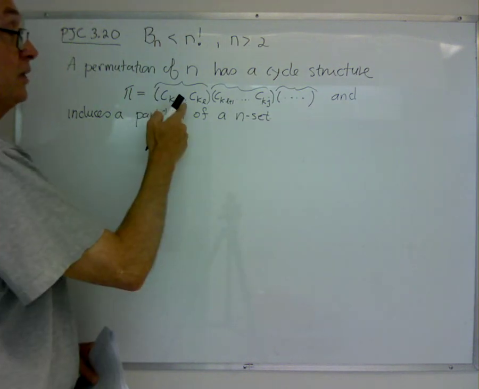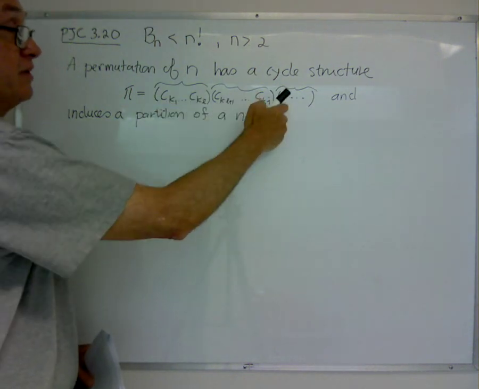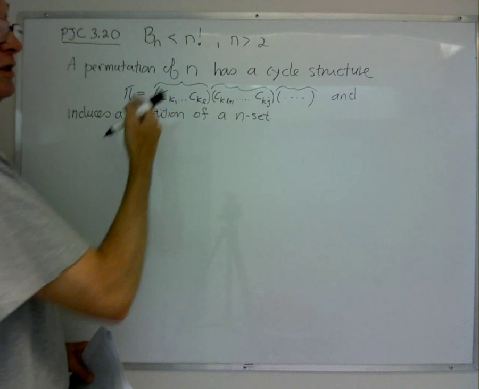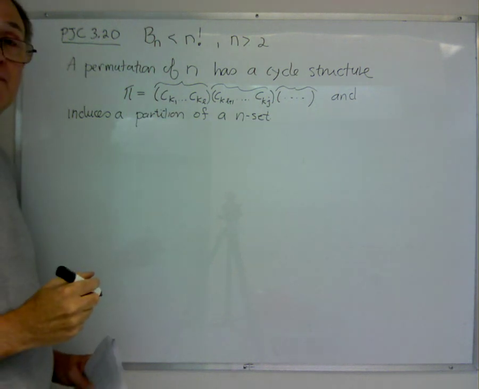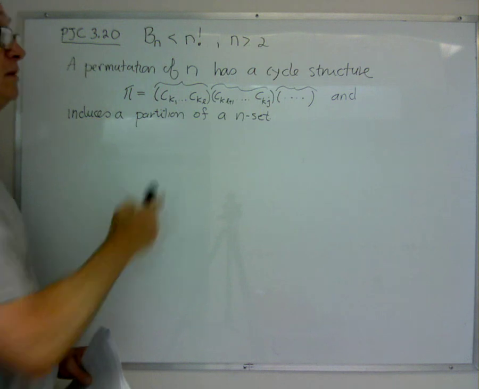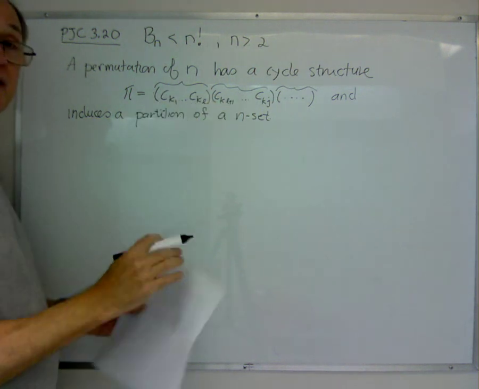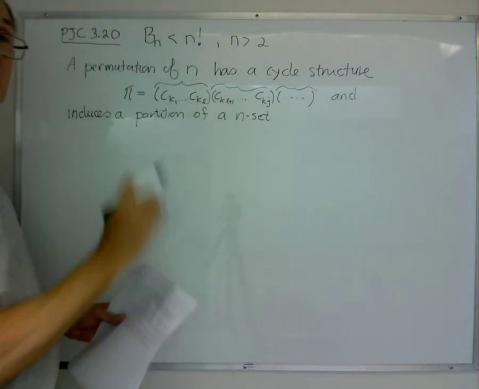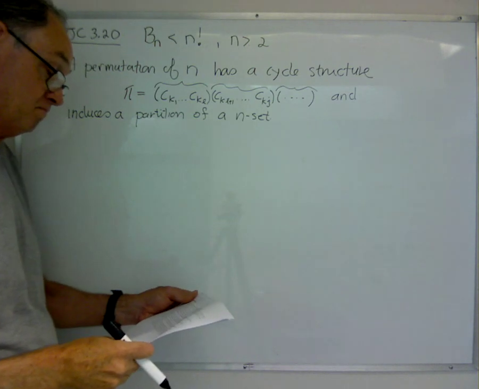This is the first subset, second subset, third subset, and the union is of course the n set. This permutation works on the elements of this n set. It does it through the cycles, and each cycle is a part in the partitioning of that n set.